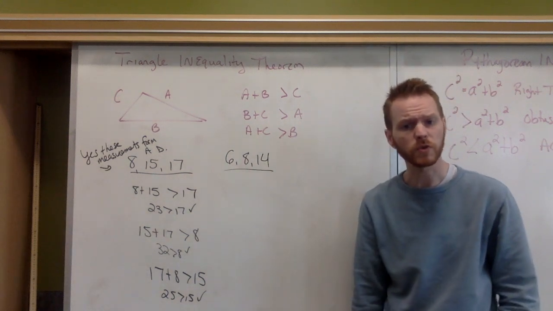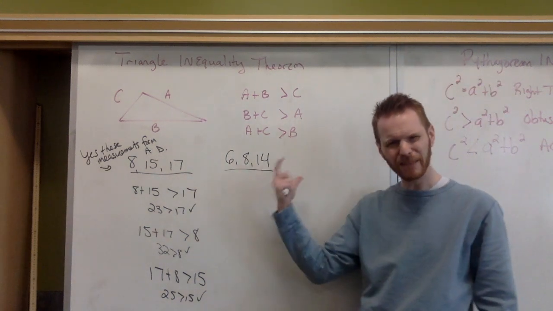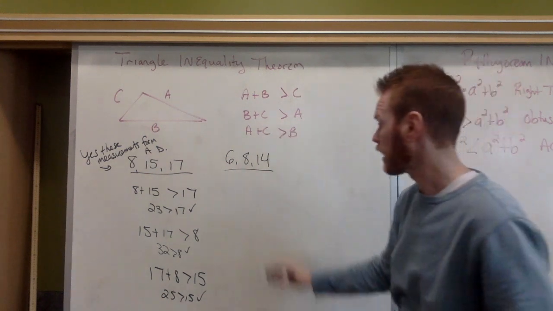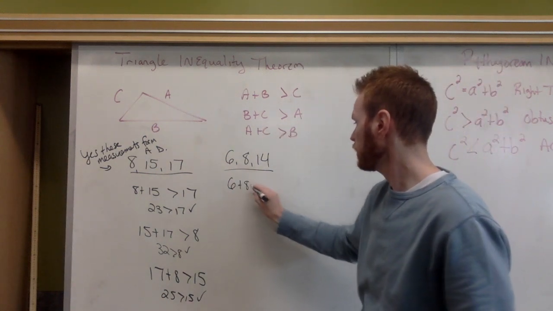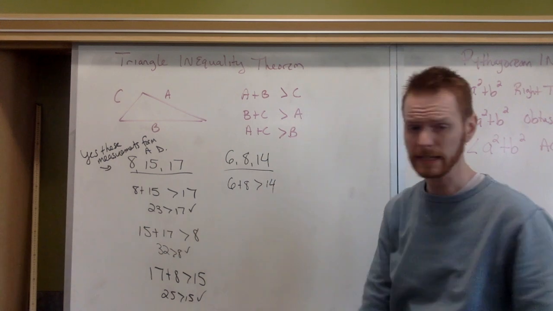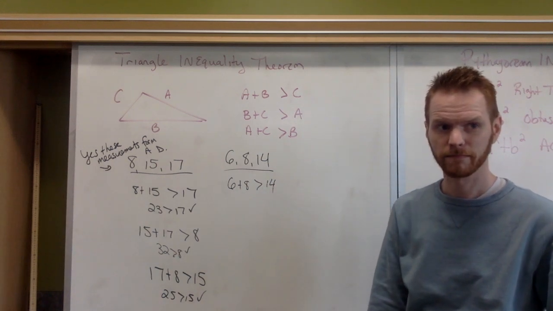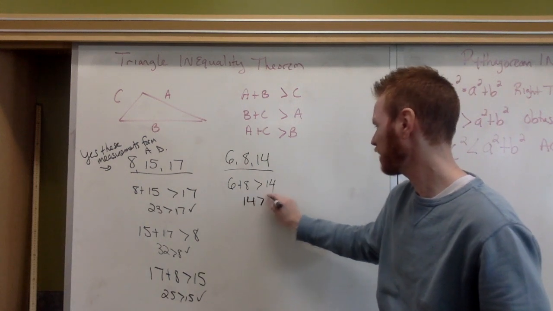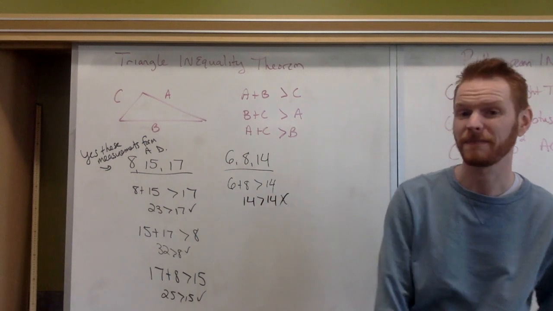Let's say I was given those three measurements, 6, 8, and 14, and I want to figure out, can I make a triangle with this? Using the inequality theorem, let's take a look. 6 plus 8, is that bigger than 14? No. 14 is not bigger than 14. It fails.